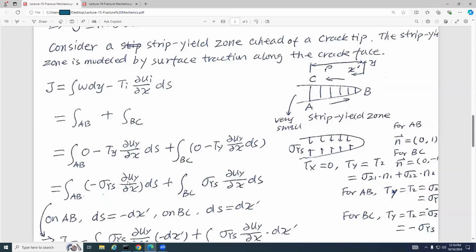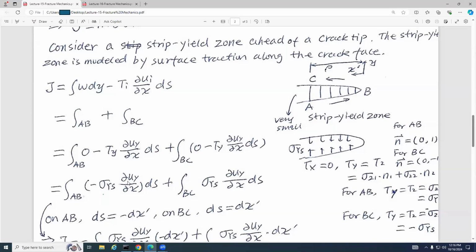Right, guys? And then for AB, I just follow this equation. For AB, the first term is TUY. For AB, from A to B, this is a very sharp crack. A sharp crack means A and B can be assumed to be on the same horizontal line.